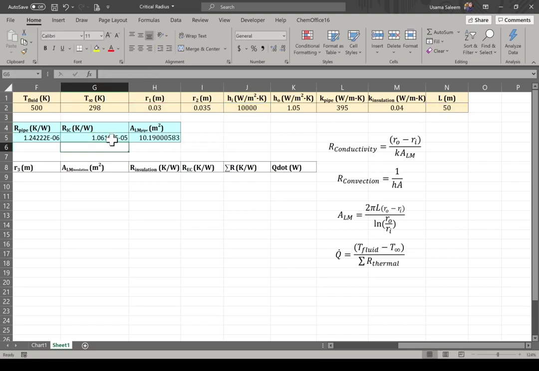Again, a very small number. The reason for that is this really high heat transfer coefficient, the 10,000. That's a big number, in watts per meter squared Kelvin.